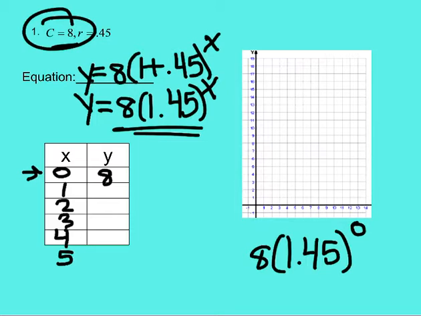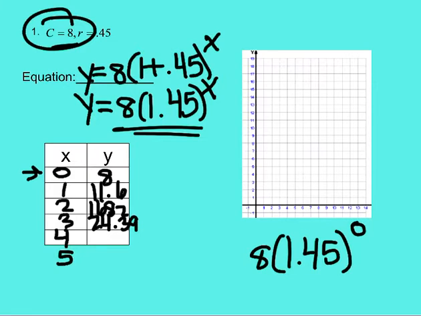Then 8 times 1.45 to the first is going to be 11.6. And then 8 times 1.45 squared is going to give me 16.82. There's a point between there. I wrote those two really close together. And then 8 times 1.45 to the third, you get 24.39.